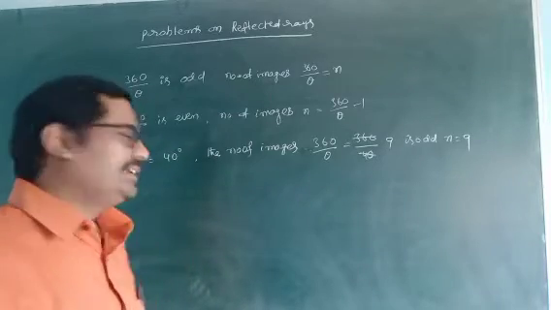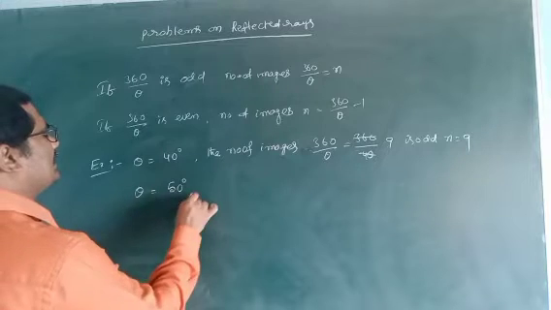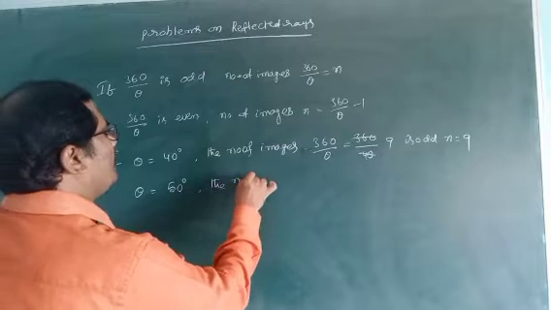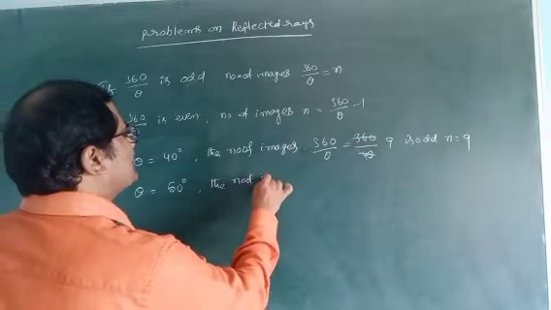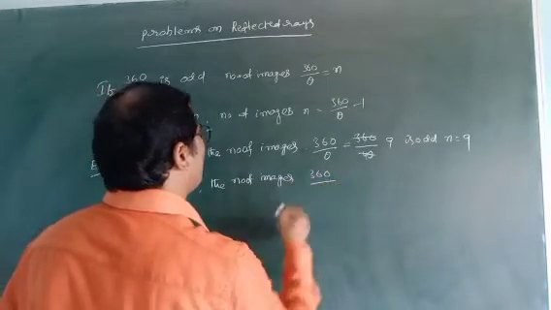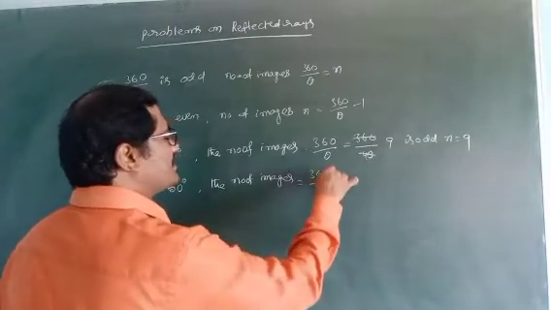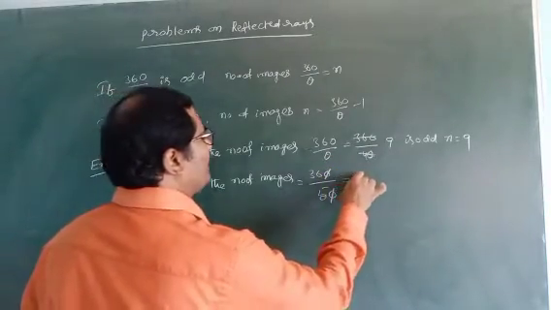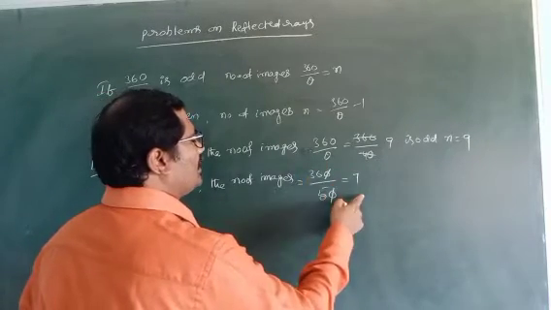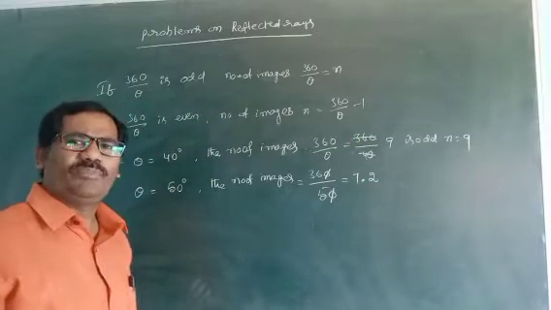Then the number of images is n equal to 9. If theta is equal to 50 degrees, the number of images is 360 by 50, which is 7.2.